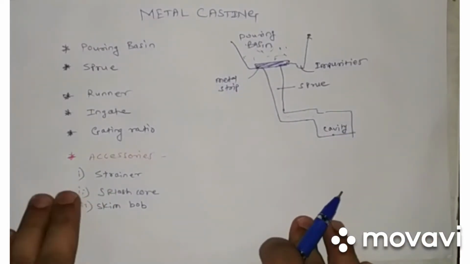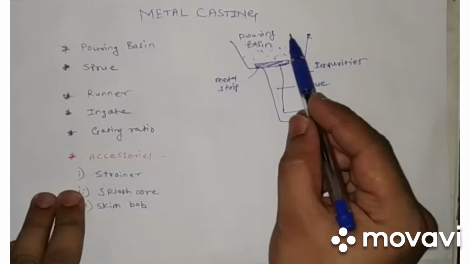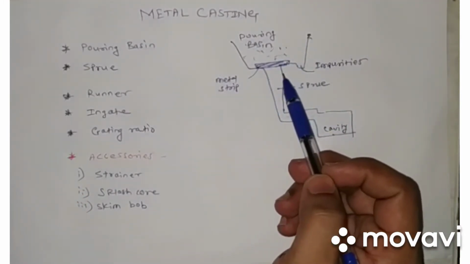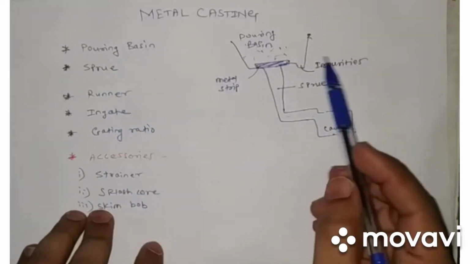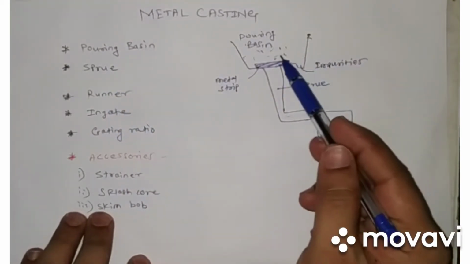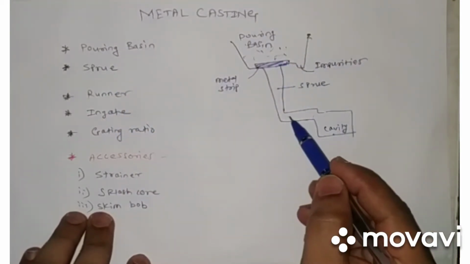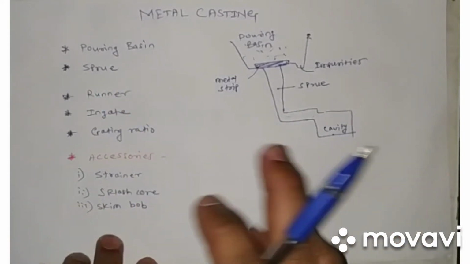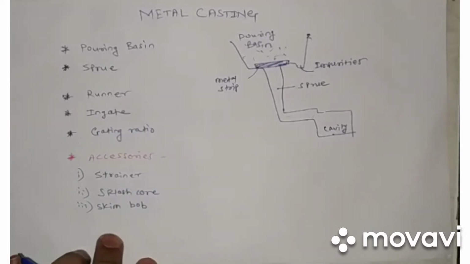So now the pouring basin, we understood that it is the basin in which the molten material is kept. The sprue is the connecting media from the pouring basin to the runner, and the design of a sprue is very important to avoid the aspiration effect which we have seen in the earlier session.